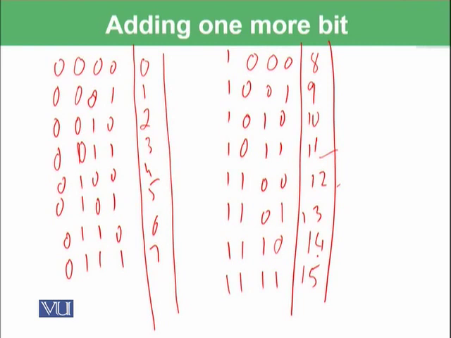So you can see that with 4 bits we can store 2 raised to power 4 numbers, which are 16, and the maximum number which can be represented is 15, which is 16 minus 1.